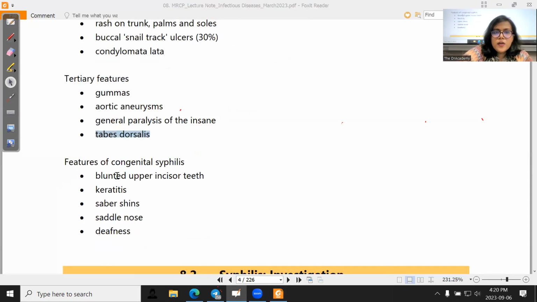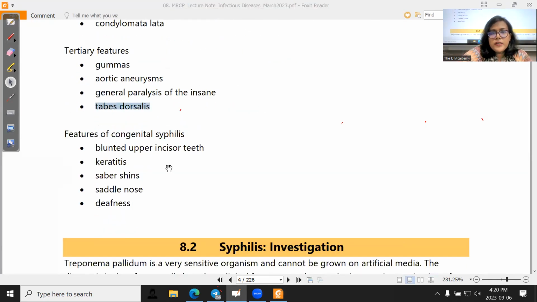Okay. So features of congenital syphilis, you can search this on Google. Back before penicillin was discovered, syphilis was a very predominant infectious condition, okay?